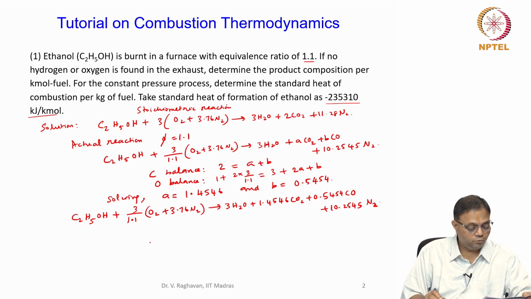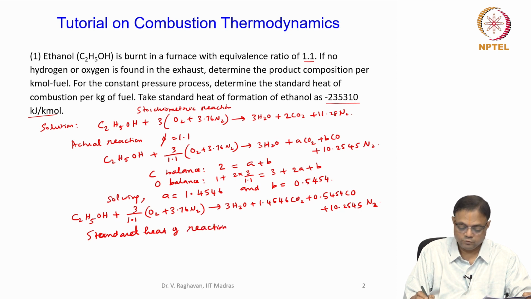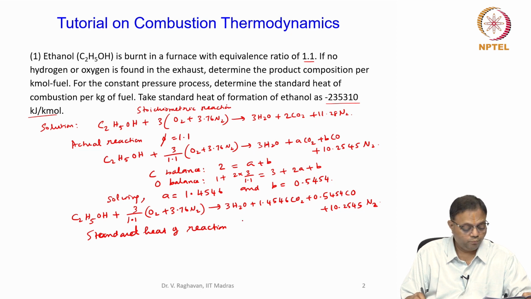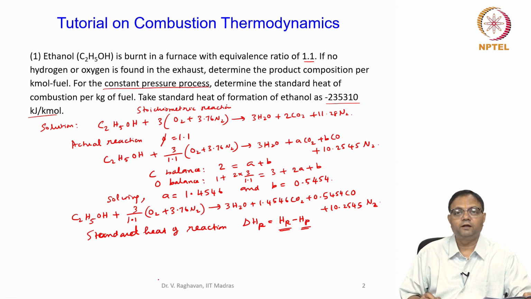So now the standard heat of reaction will be equal to HR minus HP, the enthalpy of reactants minus enthalpy of products, because the reaction takes place at constant pressure.